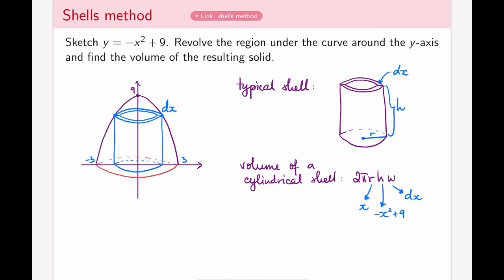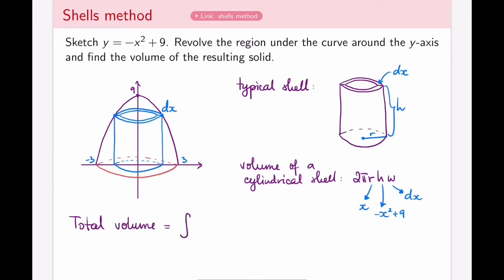Excellent. Once I have this, I know that I'm going to do something very similar to what I've done with disks. This is the volume of one cylindrical shell. Now I simply have to add all of these cylindrical shells that compose my solid all together. So the total volume is going to be simply the integral of all of these shells added together.